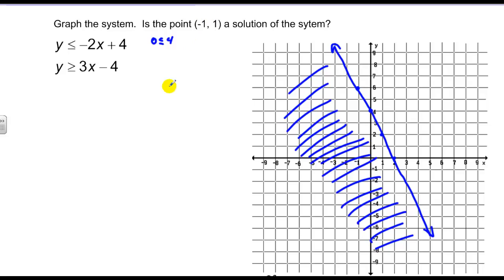And then I have to graph another equation. So I'm going to go down to negative 4. Do a slope of up 3 over 1. Since this is also equal to, solid line.